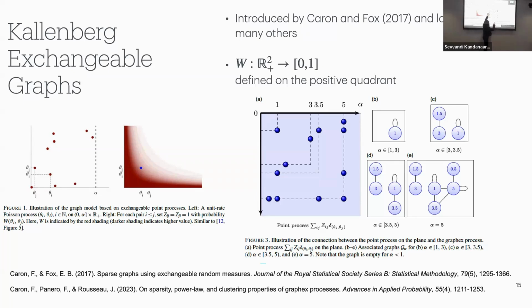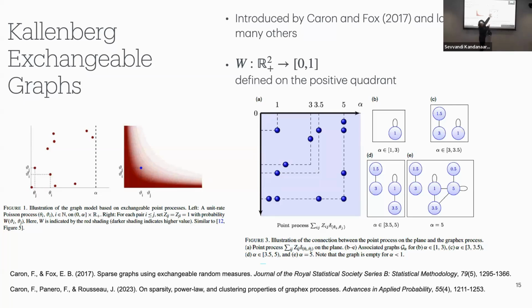They have this parameter alpha, and as alpha increases, when alpha is between 1 and 3, let's say you're drawing a box like that, then you only have that node, and 1 is connected to 1 here. Now, when alpha is between 3 and 3.5, you have this connection and that connection.